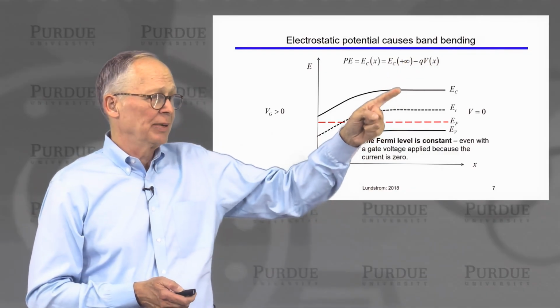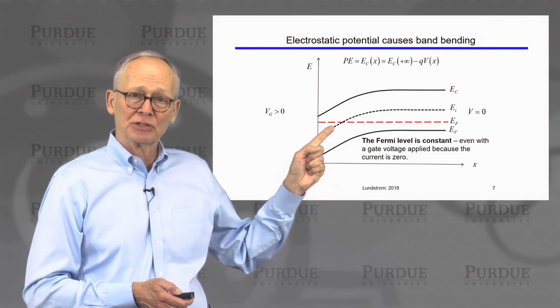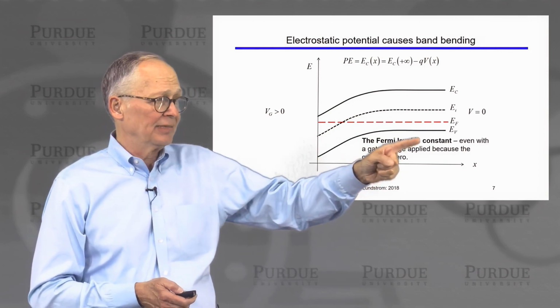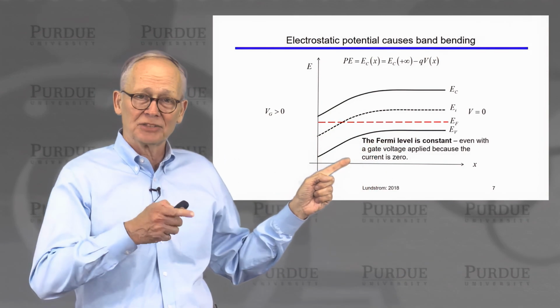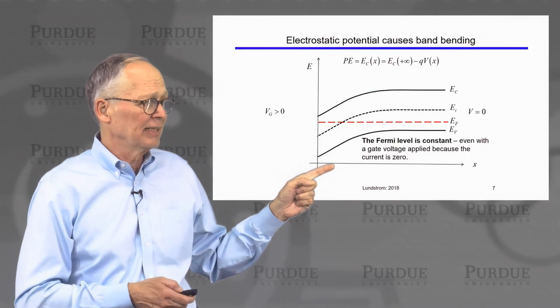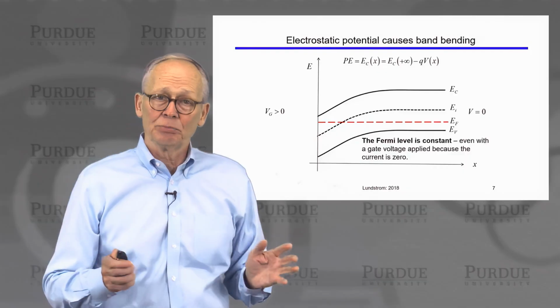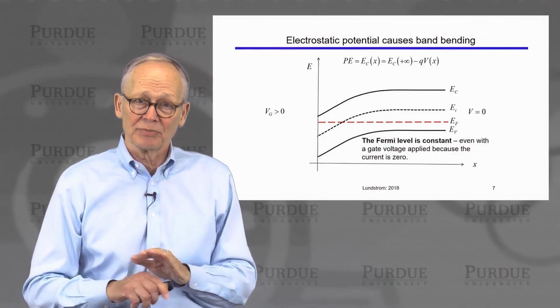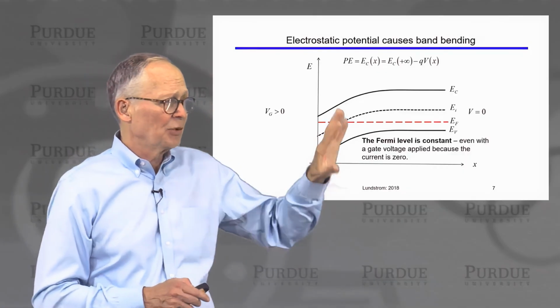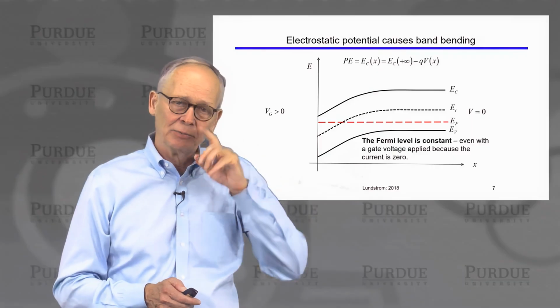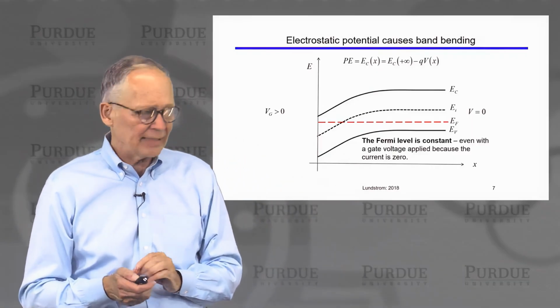So the conduction band will bend down if the potential is going up near the surface. The valence band will bend down because it's just one band gap below the conduction band. The intrinsic level will bend down. The Fermi level won't bend because I'm in equilibrium. The Fermi level is constant. So that's what my energy band diagram would look like in this particular case.